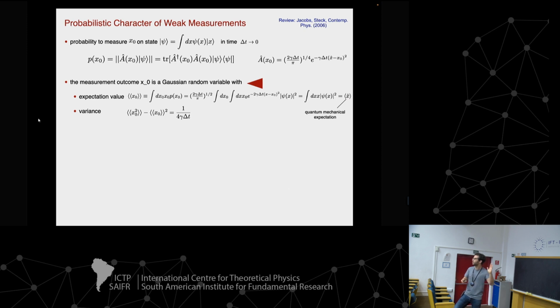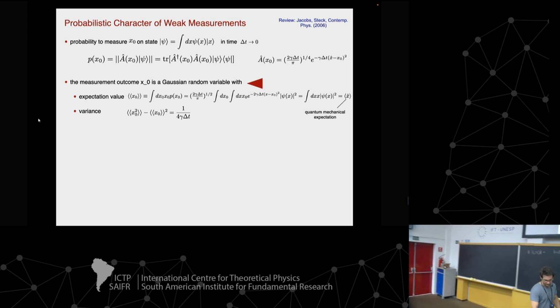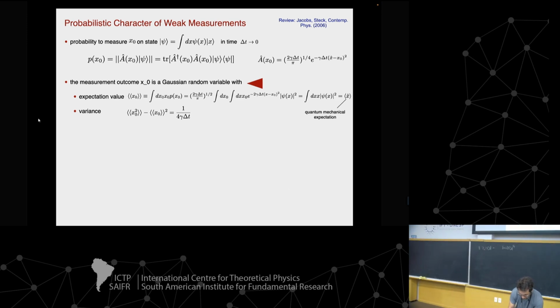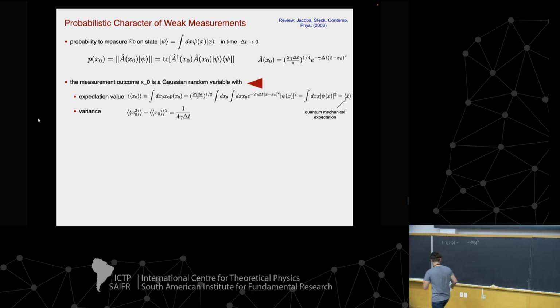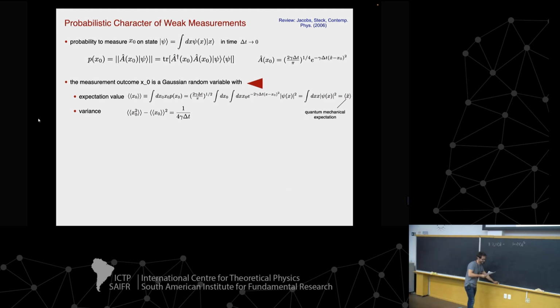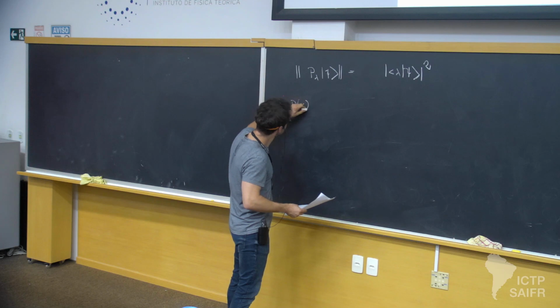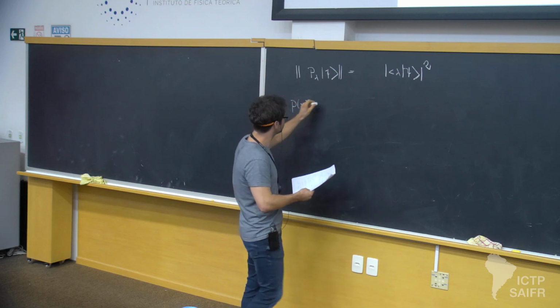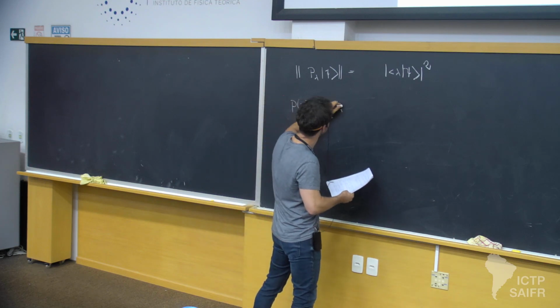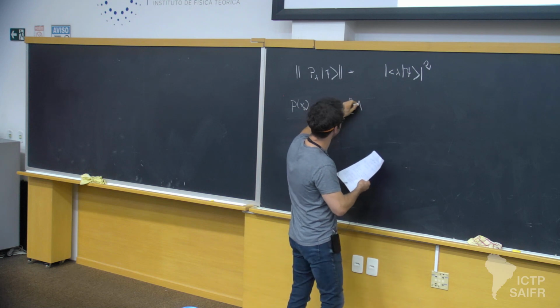Right. So let's just look at that a bit more slowly. Please ask questions. Don't forget. Right. Maybe I go a bit slowly to look at this P of x naught. It is defined as the trace of A dagger.